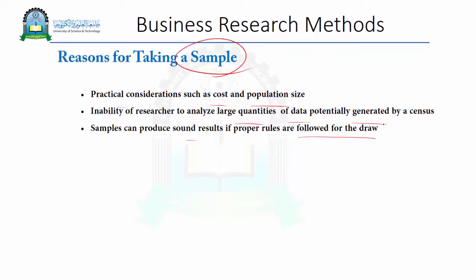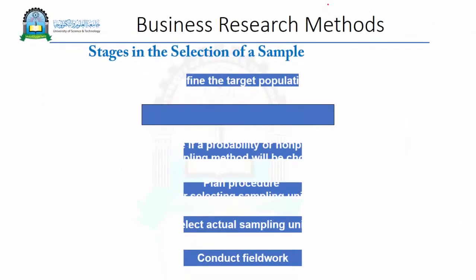So if I draw the sample in a proper way, the results can be generalized, and it is going to be just like the population data. So in most cases, census is unnecessary, as we said.